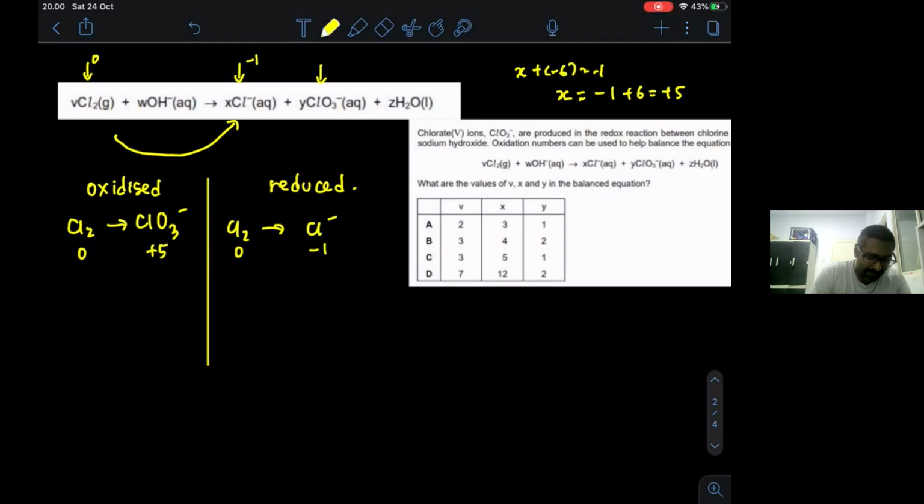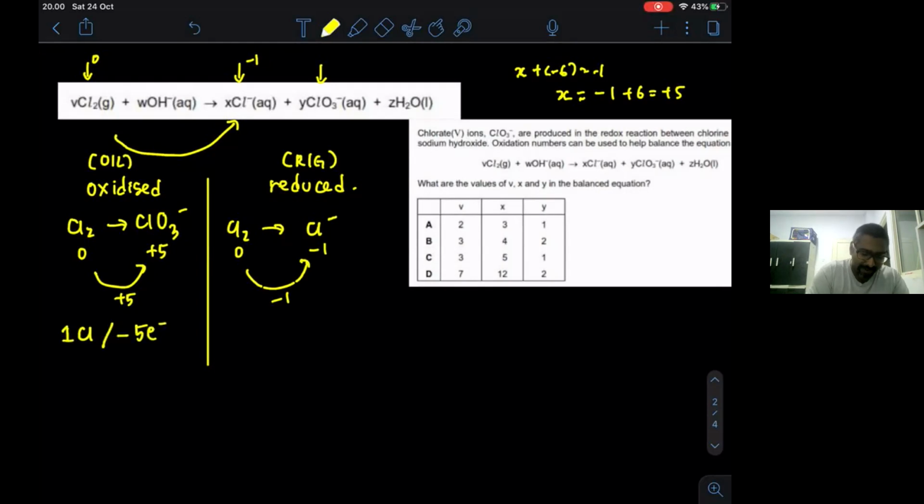Here we can see that the oxidation number is going to increase by 5 units, and this one is going to decrease by 1 unit. What we need to do is find out in terms of electrons. Oxidation is loss. Please take note of this: every 1 mole of Cl is going to lose 5 electrons.